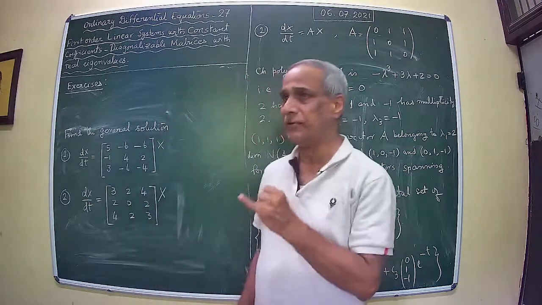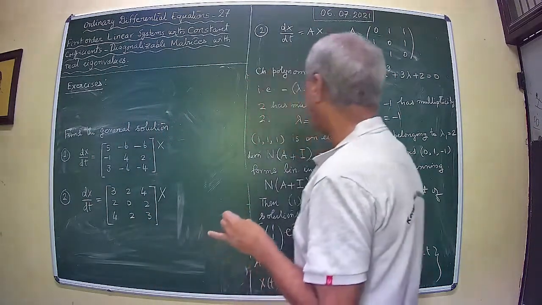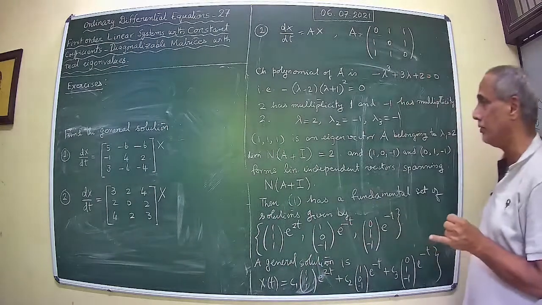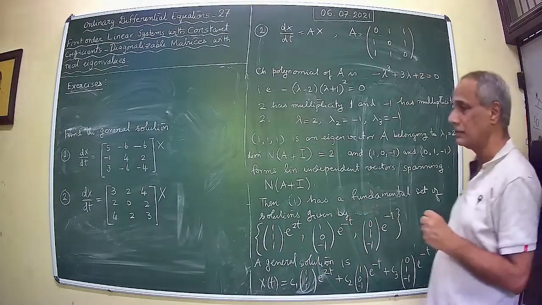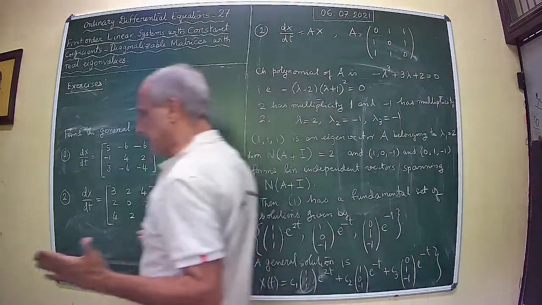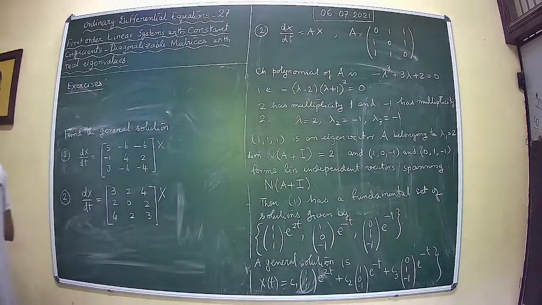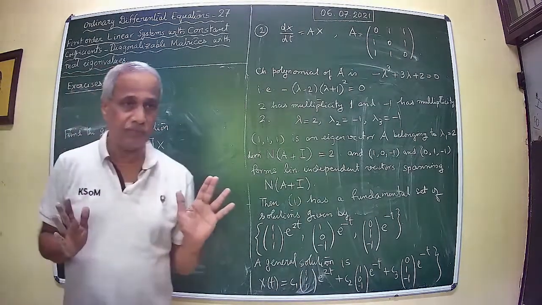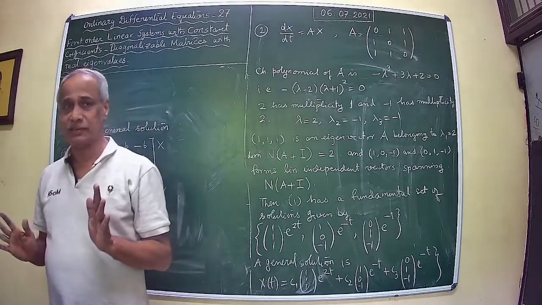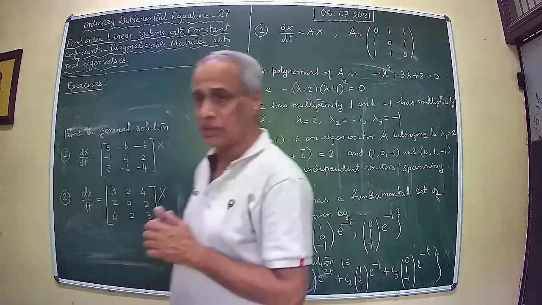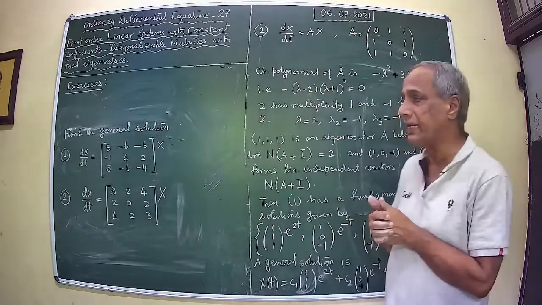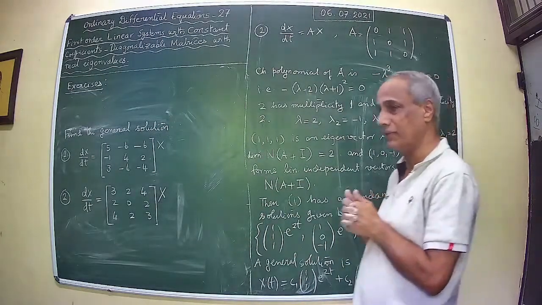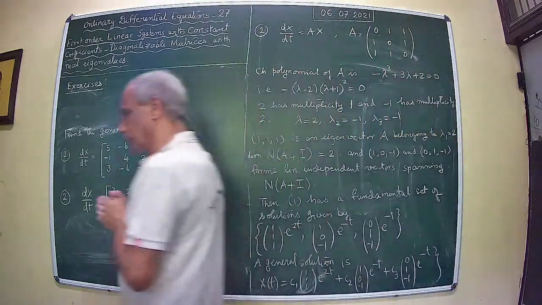The second one is where you run into difficulties getting a basis for the vector space Rn consisting of only the eigenvectors.